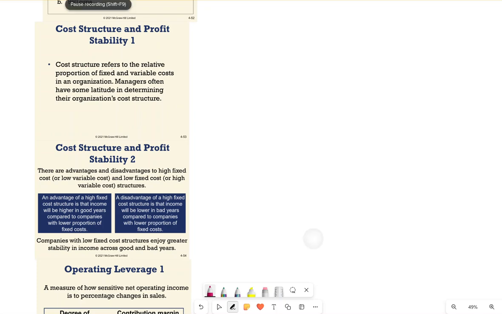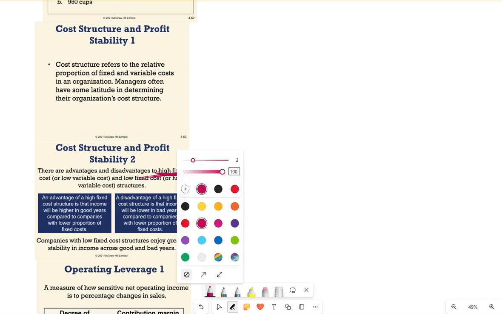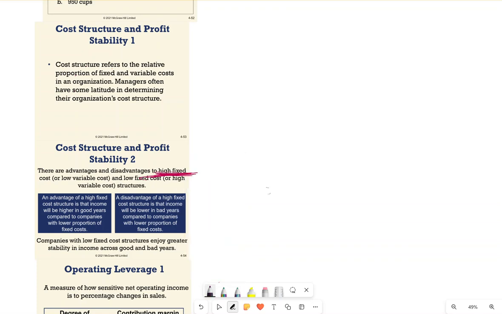So with cost structures and profitability, there are advantages and disadvantages. In other words, what are the advantages of high fixed cost or low variable cost, or high variable cost and low fixed cost, one or the other.